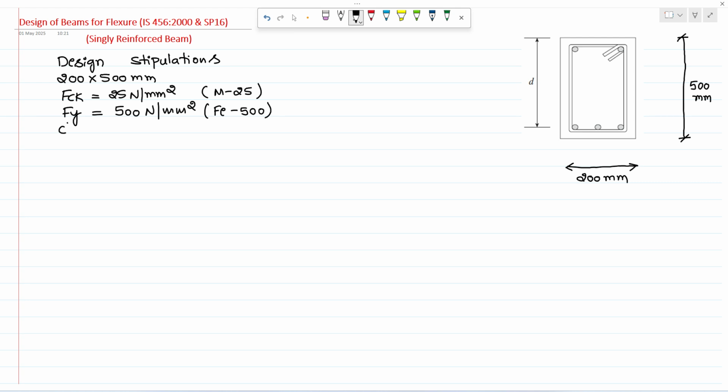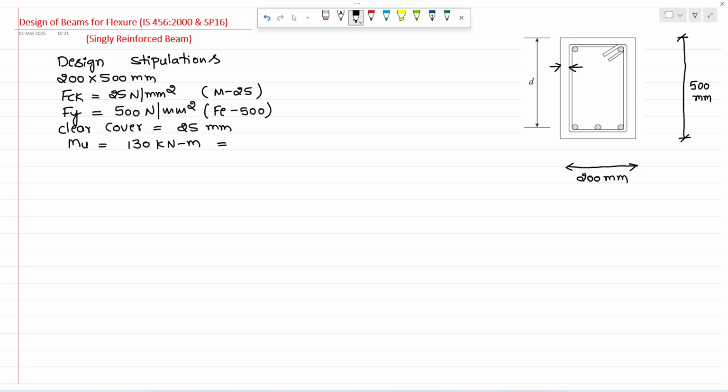And clear cover for beams is 25 millimeter. And my analysis moment from ETABS at ultimate load combinations, Mu, is 130 kilonewton meter.